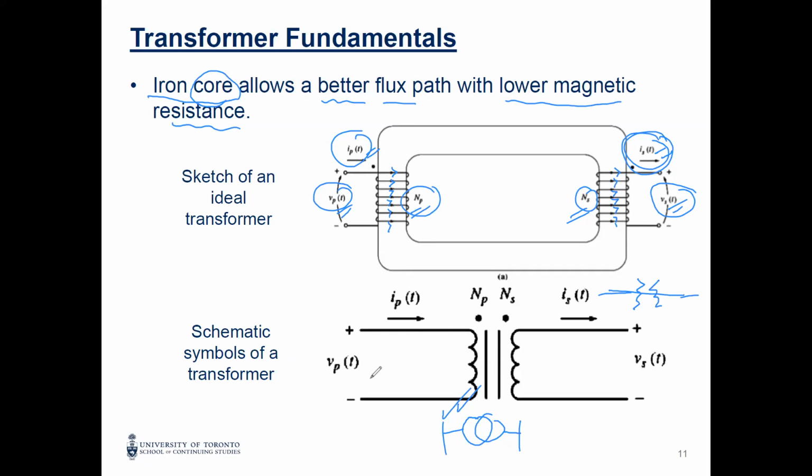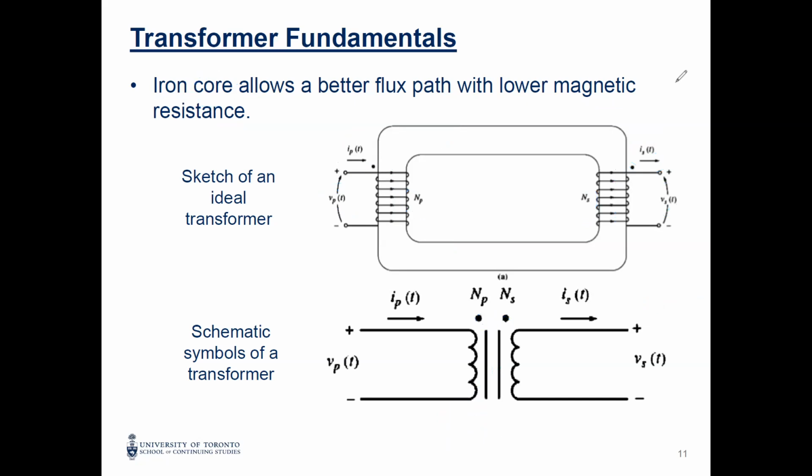It's simply to eliminate the core. We don't want to draw the core every time, so we remove the core and put this one to say we have a core, like the two lines here. For the dots, we will discuss later the reason for having these dots.